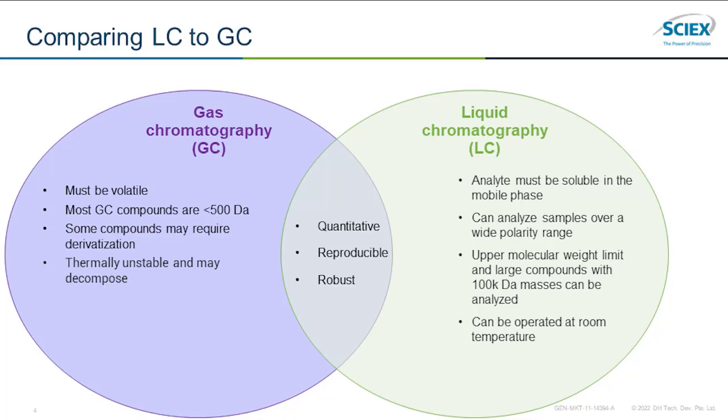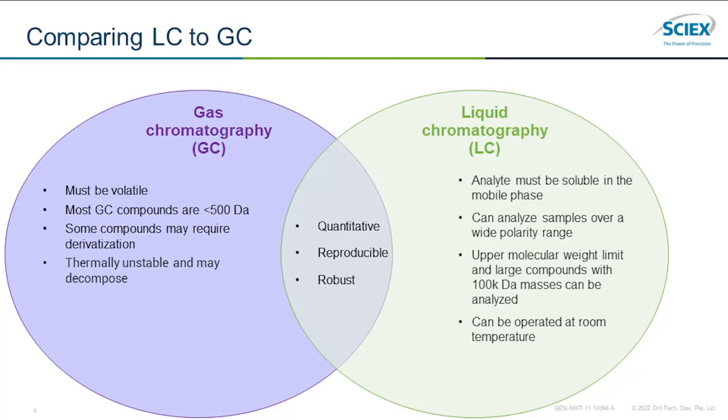Also, some thermally unstable compounds might decompose in gas chromatography. That becomes really important because, depending on the pesticide list you intend to evaluate, some of those compounds are very thermally unstable. Liquid chromatography fills that gap, as it can be operated at room temperature.